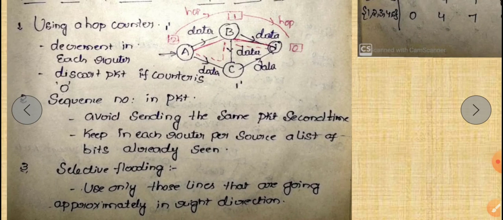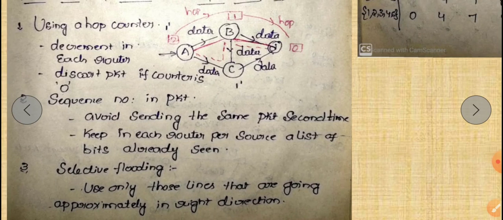For example, take one data, one information message. The message is going to be split into 4 packets. The 4 packets reach the destination in multiple paths. So each and every packet should be given a unique sequence number, 1, 2, 3, 4, for example.